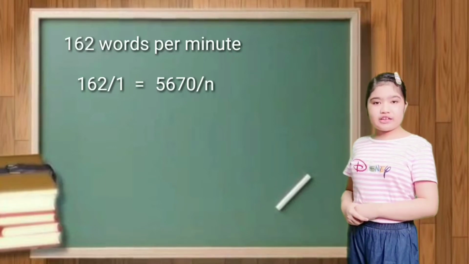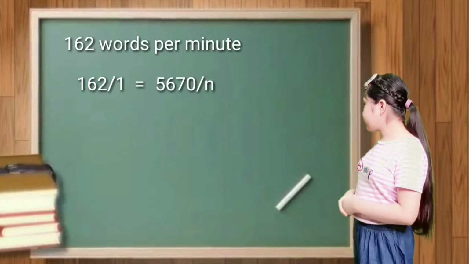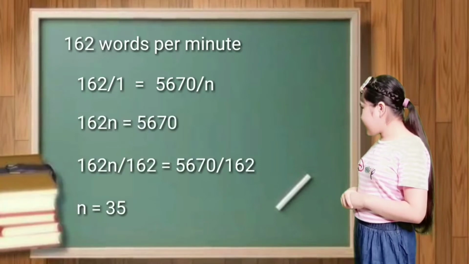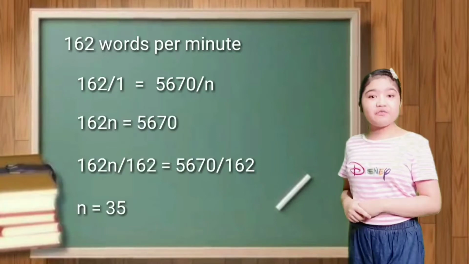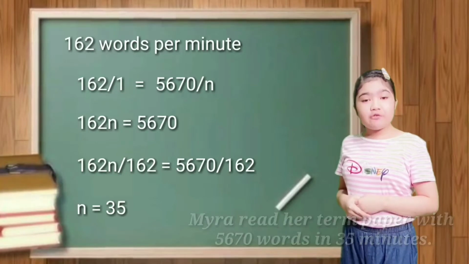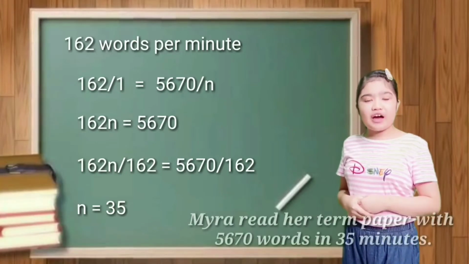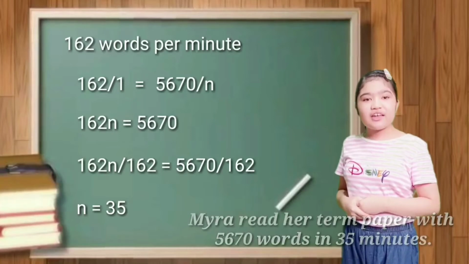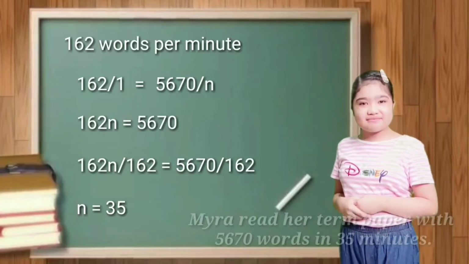We write the two ratios as a proportion. By solving this, we can get the value of n. Answer: Myra read her term paper with 5,670 words in 35 minutes.